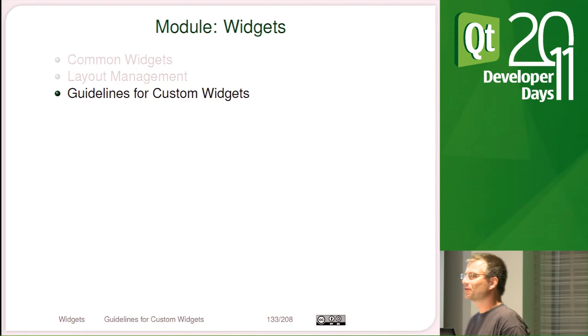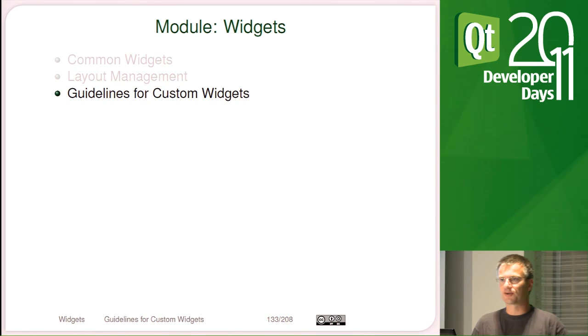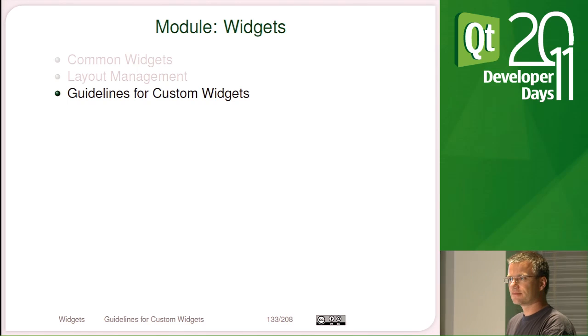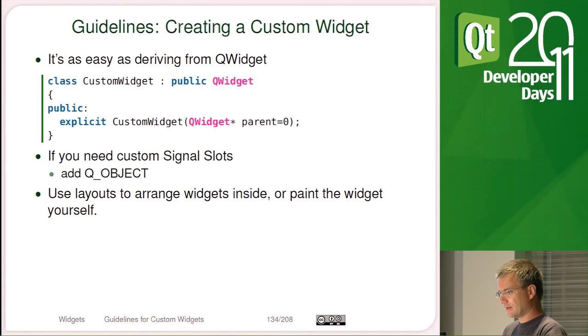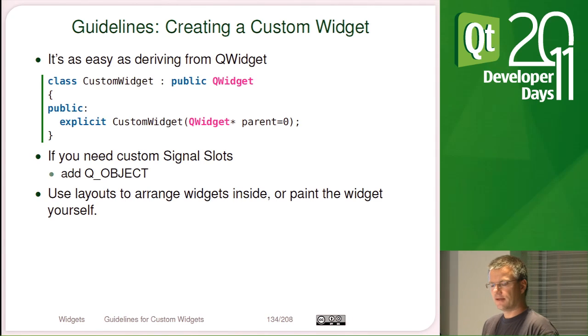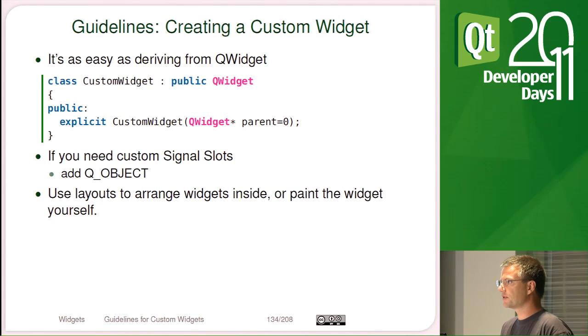So what do you have to do if you want to create your own custom widgets? So the widgets in the toolbox is not what you want, and you would like to create some fancy widgets yourself. So you will define a new class custom widget which is derived from QWidget.